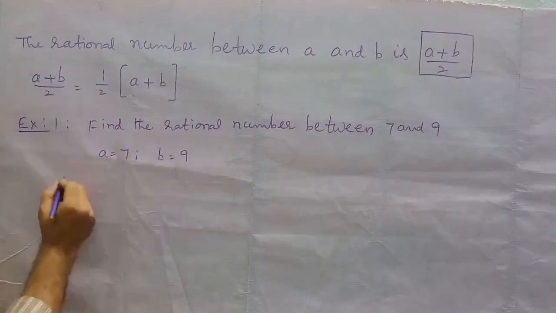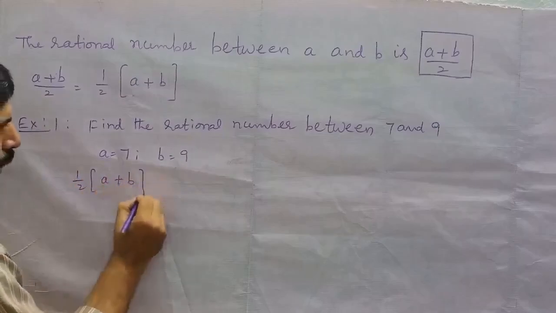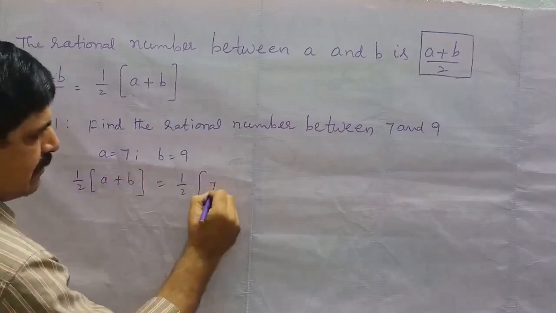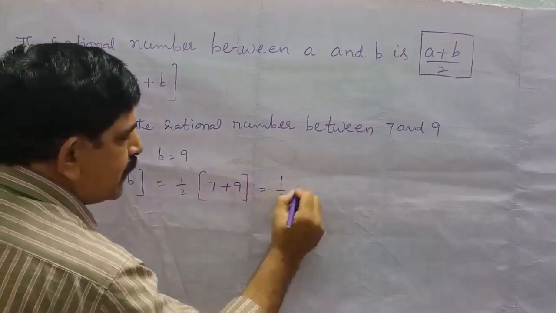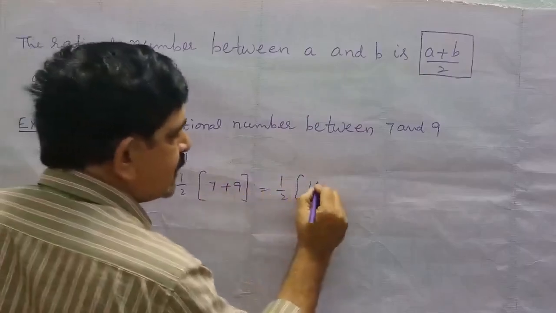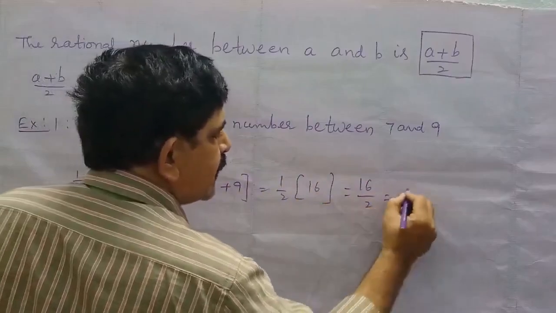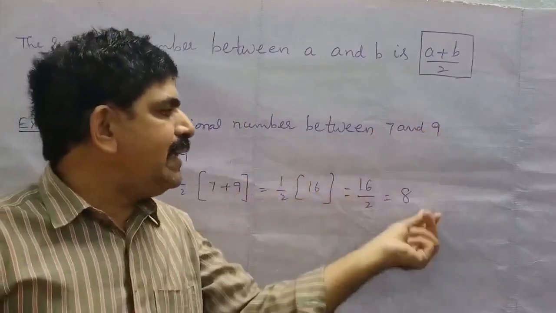Our formula is 1 by 2 into A plus B. So that is 1 by 2 into 7 plus 9, which is 16. This is equal to 16 by 2, that is equal to 8. So between 7 and 9, 8 is there.